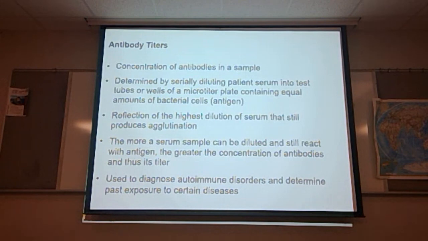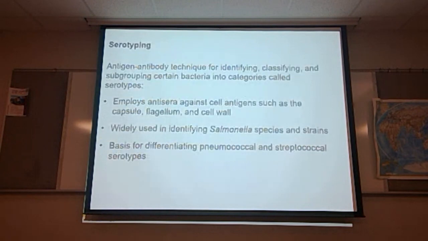The titer is the reflection of the highest dilution of the serum that still produces an agglutination. The more a serum sample can be diluted and still react with the antigen, the greater the concentration of antibodies, and thus its titer. And this is used to diagnose autoimmune disorders and to determine past exposures to certain diseases.